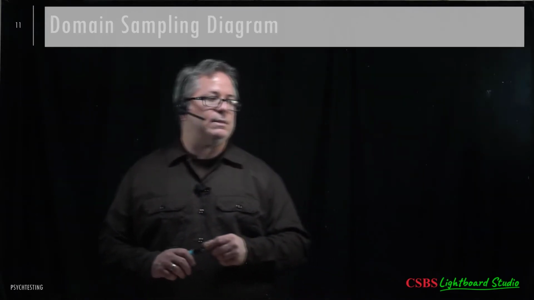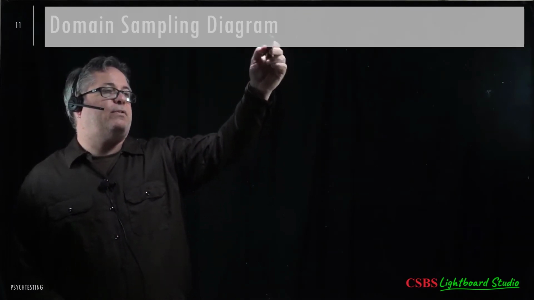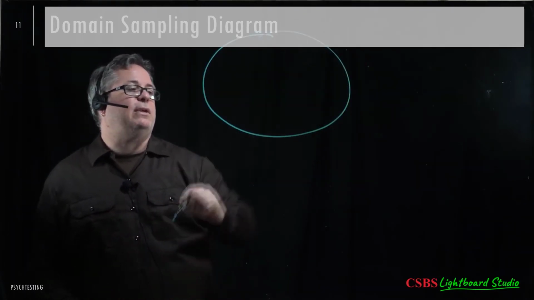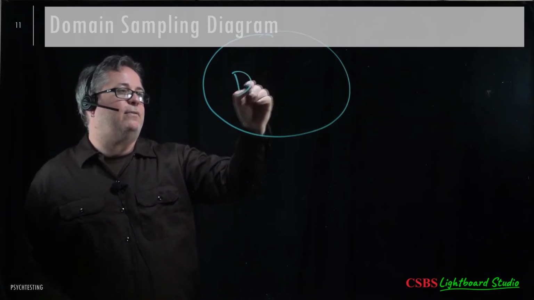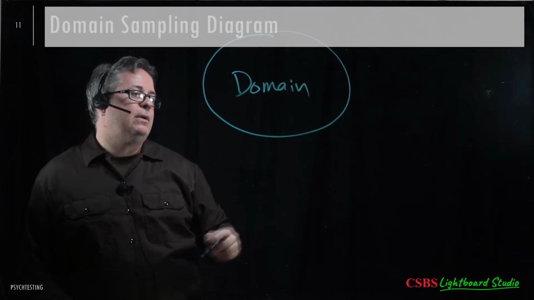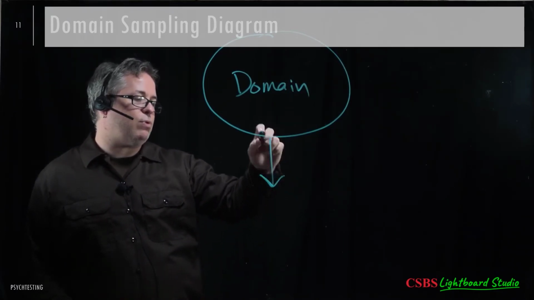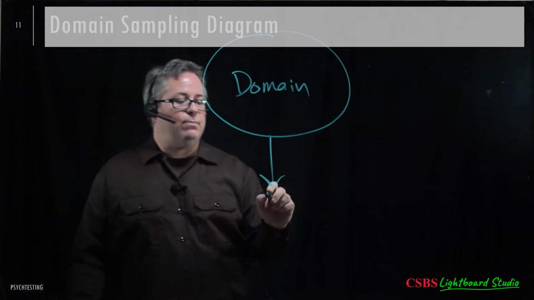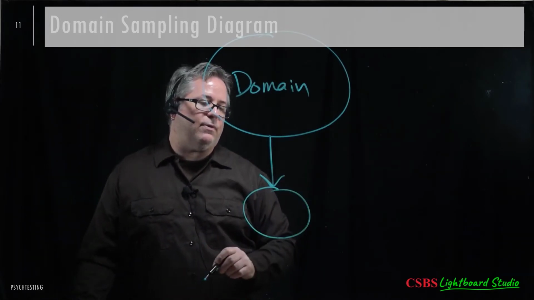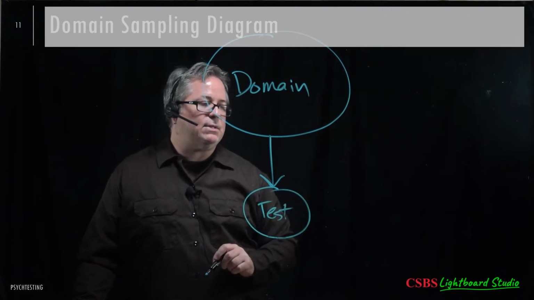So it's a diagram. It looks something like this. Just the same way as with anything, you'd have some domain of items. And then you would take, through some kind of process, a sample of items from that domain that we would call the actual test.